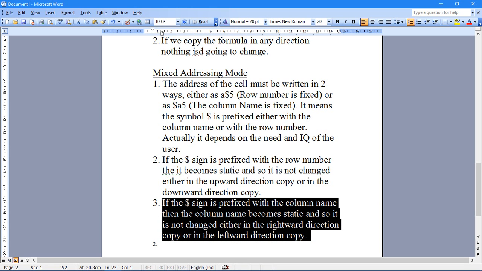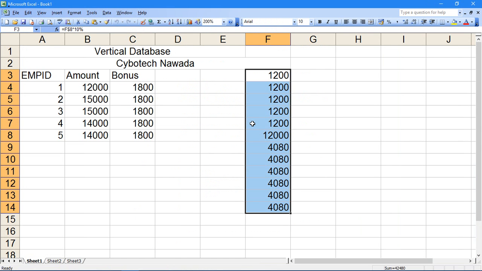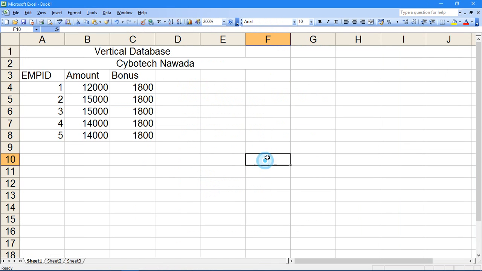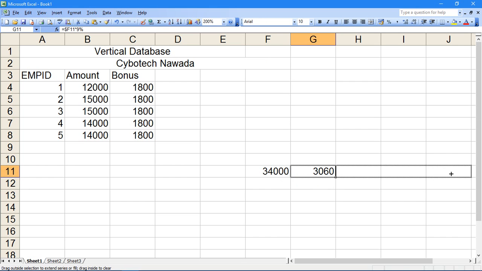Just let me give a tutorial of this. Suppose I am writing 34,000 here. Here I am writing equals $F11 into 9%. Now try to copy it in the rightward direction. What happens?